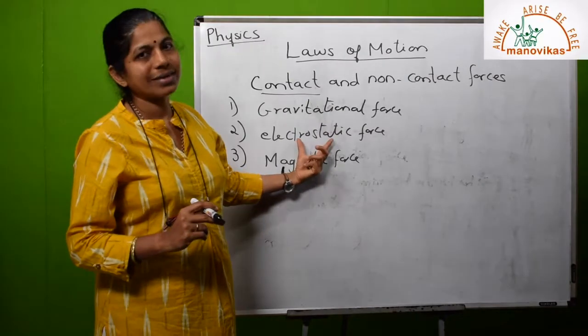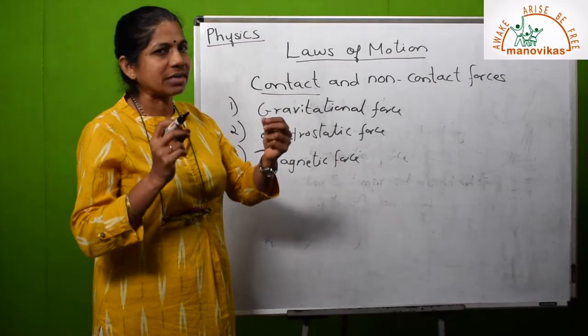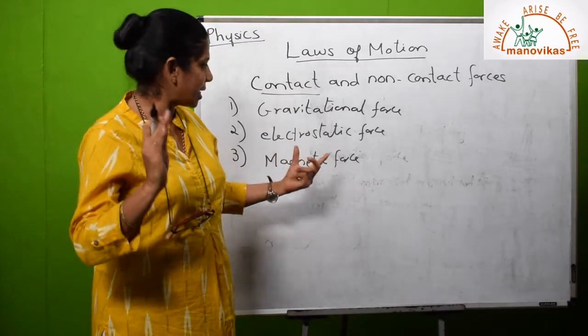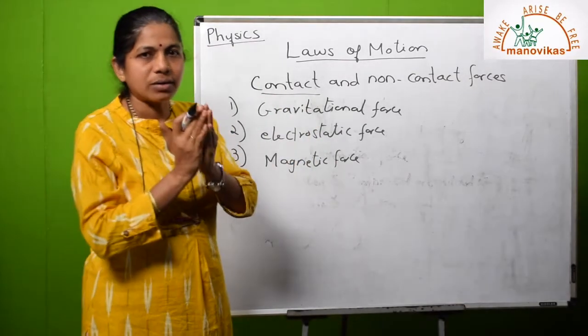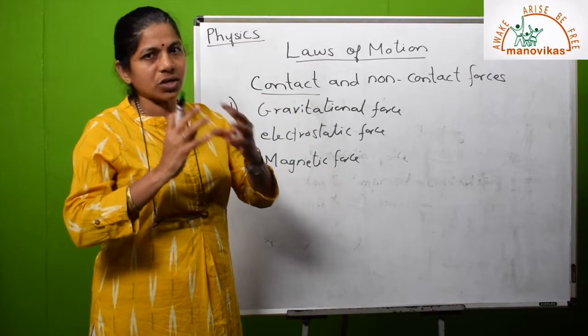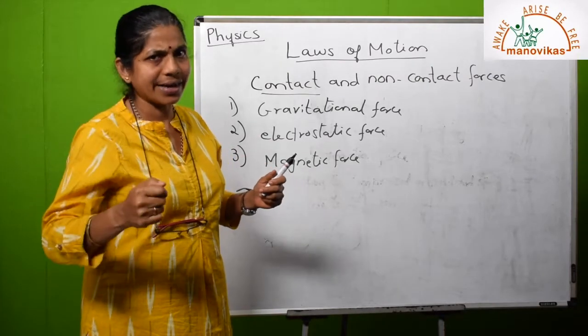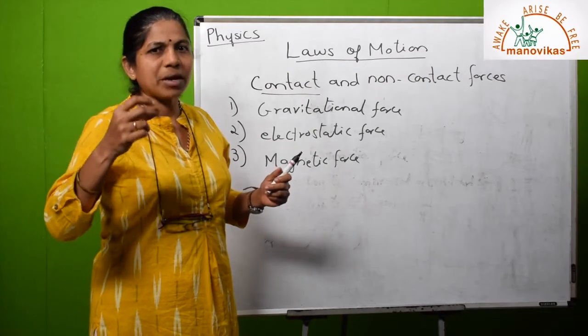Next is electrostatic force. Now you all have learned about charges, positive and negative charges. You all know that like charges repel each other and unlike charges attract each other. So if you have a comb, you rub it against your dry hair and try to attract paper bits.